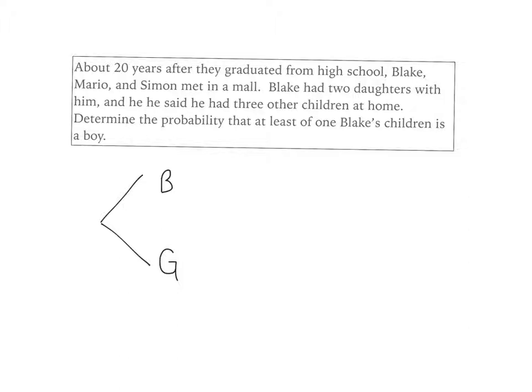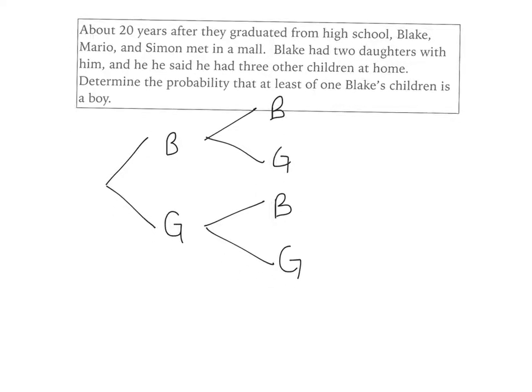Now, then he has a second child. So if, say, his first child was a boy, then he has another child. He could have another boy, or he could have a girl. So these represent different pathways. He could have boy-boy or boy-girl, or he could have girl-boy and girl-girl. And then it continues on, right?